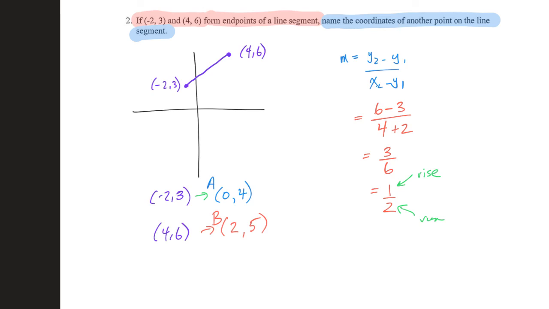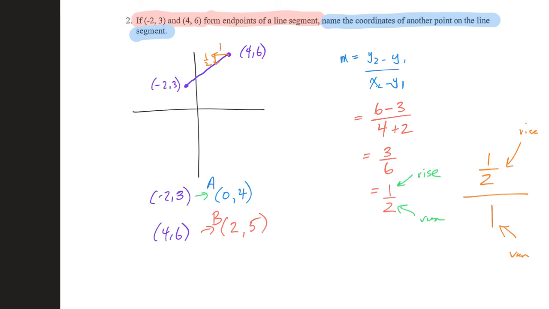Because if we recognize that our slope is 1/2, then our slope being 1/2 could also mean that for every run of 1, I have a rise of 1/2. So maybe what I do is I say like, yeah, but I'm going to go back 1, which means I have to go down 1/2.